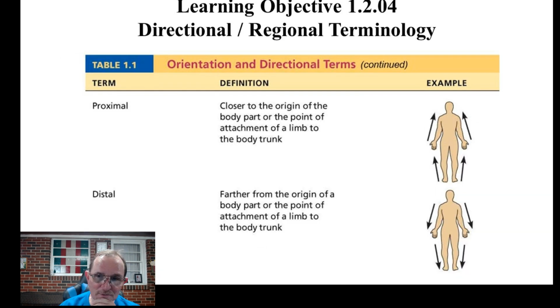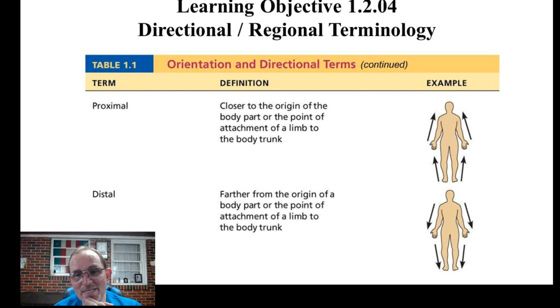Okay, guys, proximal and distal. And this is where we get to the arms and the legs. Folks confuse this, so make sure you understand: superior and inferior are for the torso and head; proximal and distal are for the arms and legs. Think of it this way, your arms and your legs come off of your torso. So we don't say that this is superior or inferior.